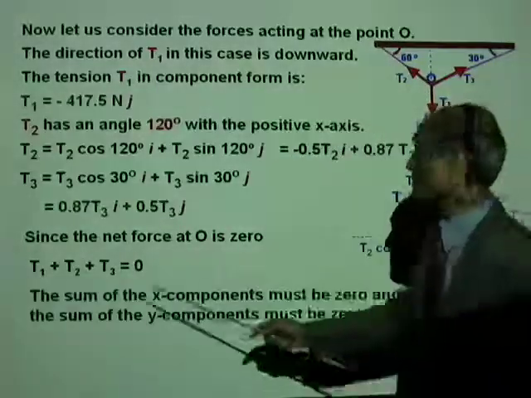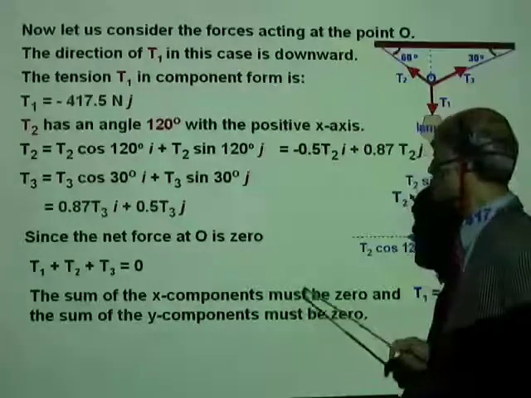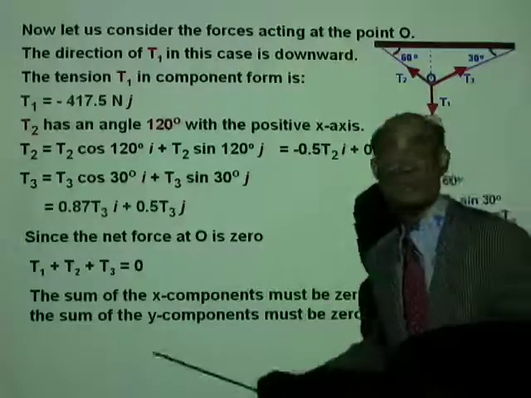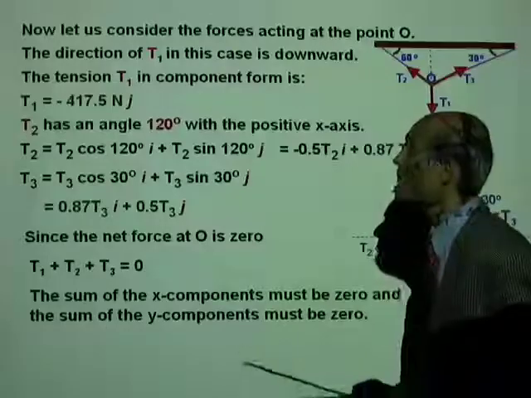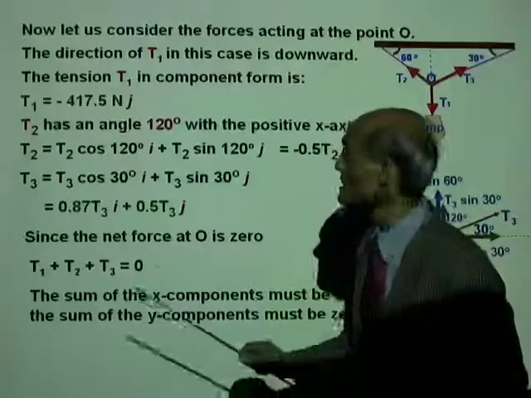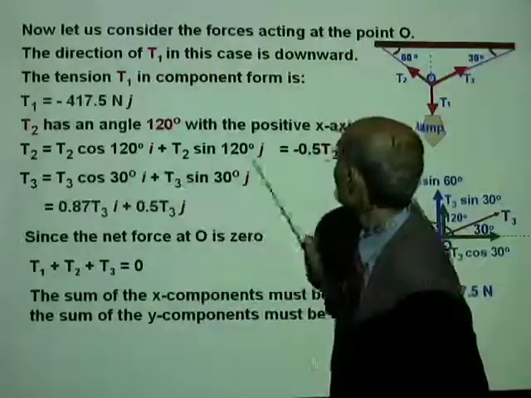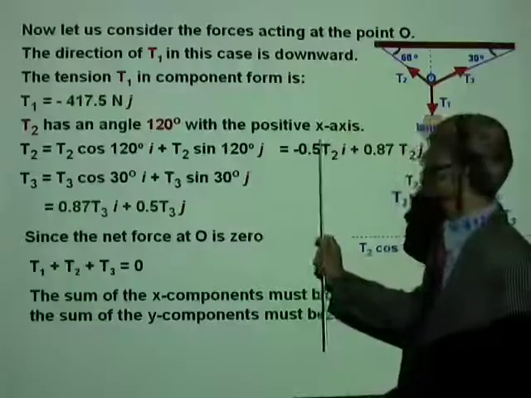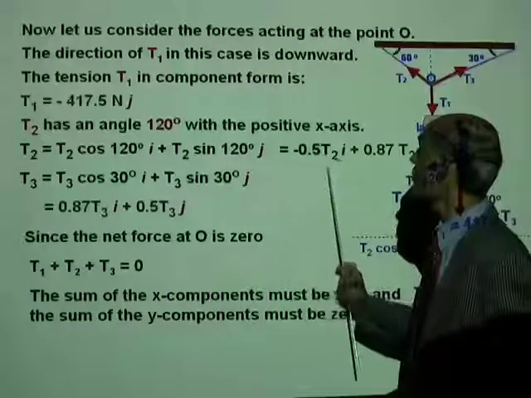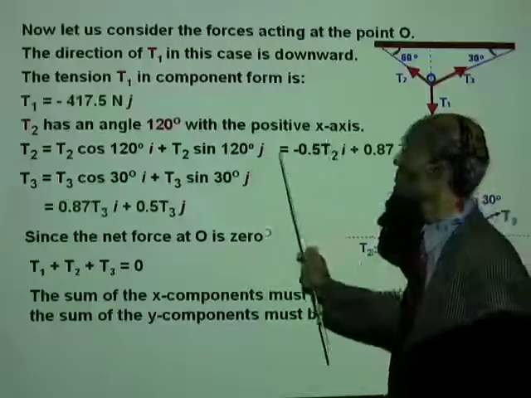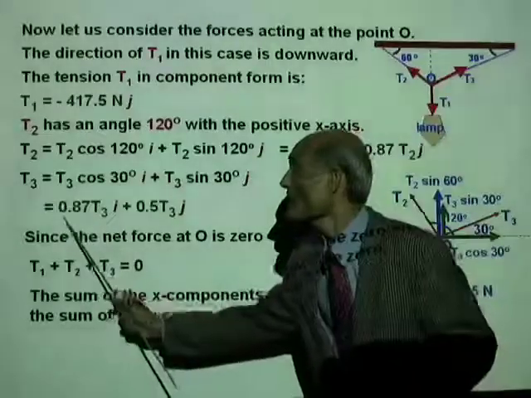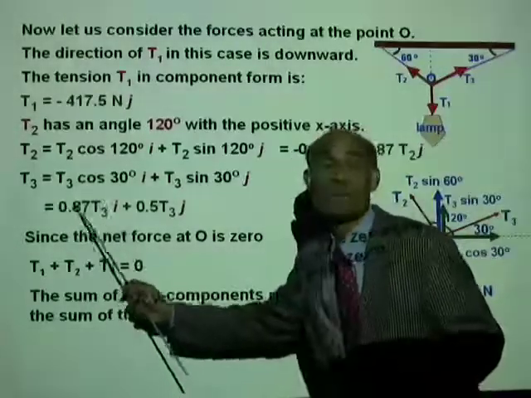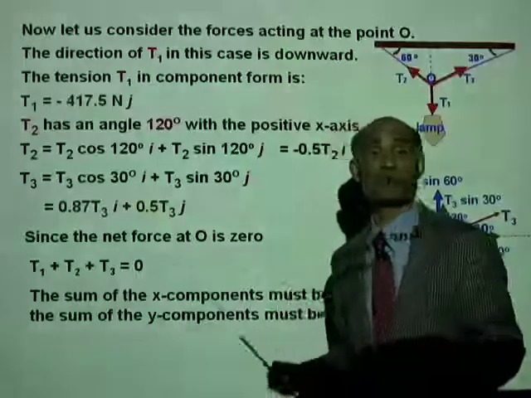So the sum of the x components must be 0 and the sum of the y components must be 0. That means if you add the x components, look at this, negative 0.5 T2 added to 0.87 T3 must be equal to 0.